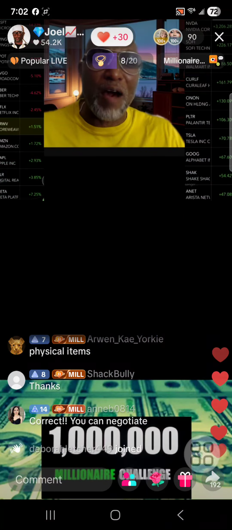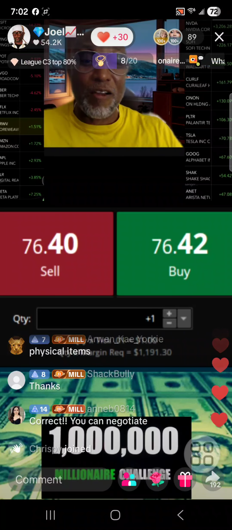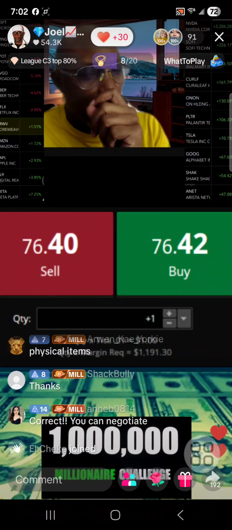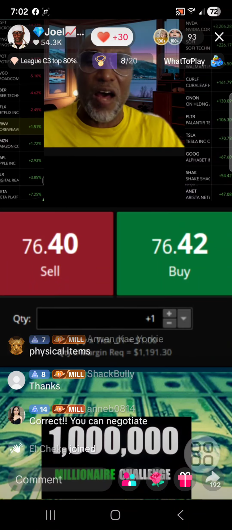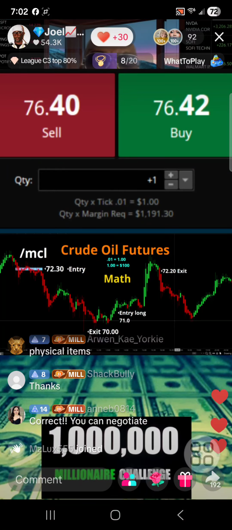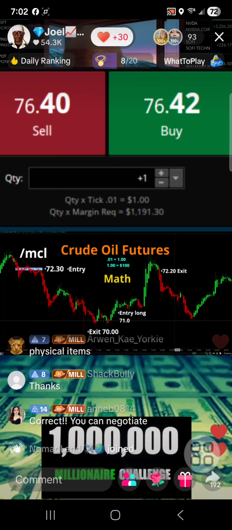Let's talk about good old oil. Let's talk about oil, which is interesting because I thought I had the oil slide, but I don't, but that's fine. This is how your dashboard is going to look. What do you guys see for the margin? If I wanted to buy MCL, which is crude oil, how much margin do I need on Thinkorswim?